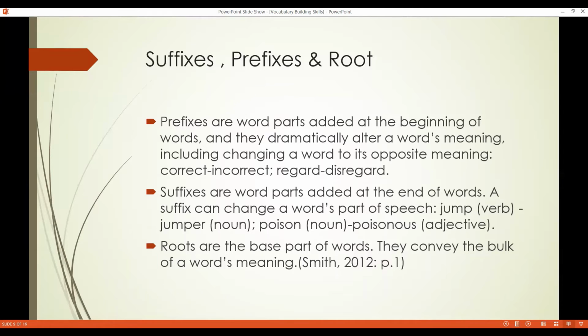That little change alters the whole meaning of the word. Then poison is a noun; it can be changed into poisonous, which makes it an adjective. Roots are the base part of words. They convey the bulk of the word's meaning.